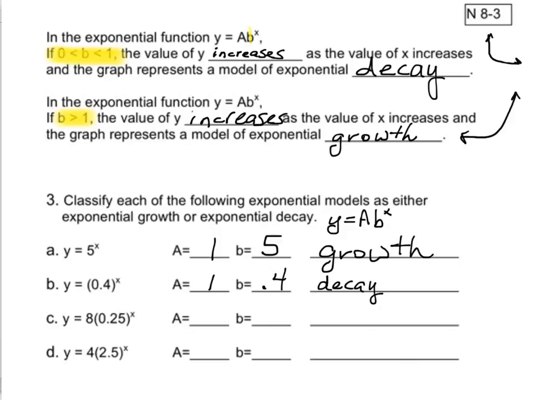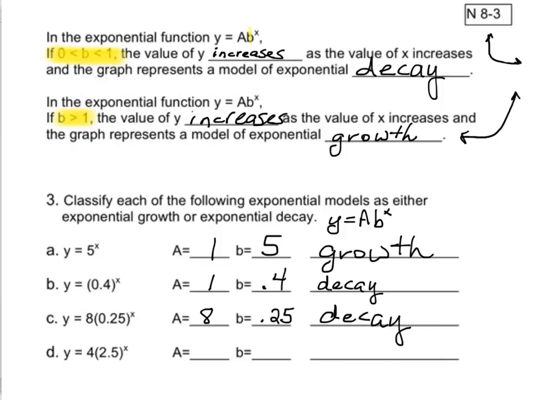So a is 8. b is 0.25. And b is what you look at to determine growth and decay. So this is between 0 and 1, so this one is also decay.